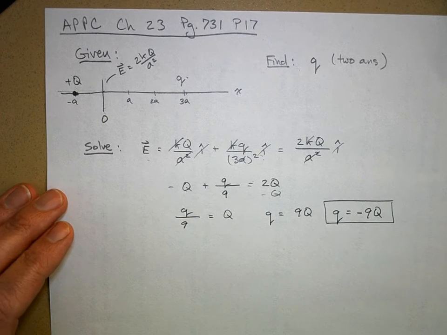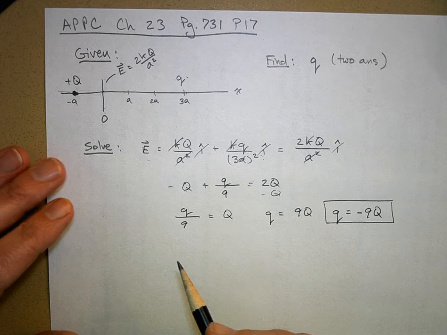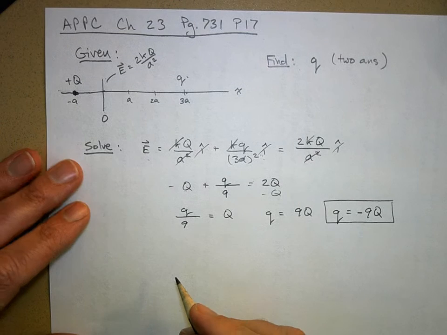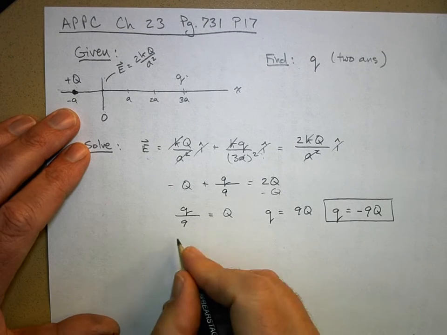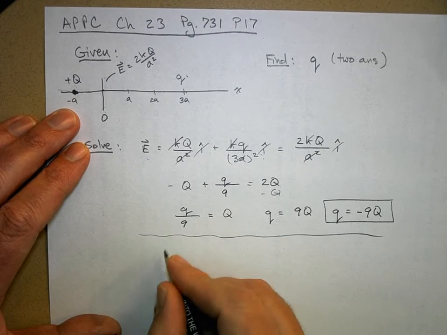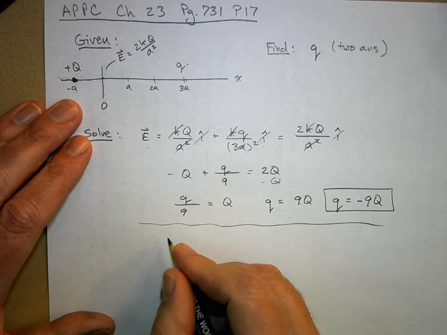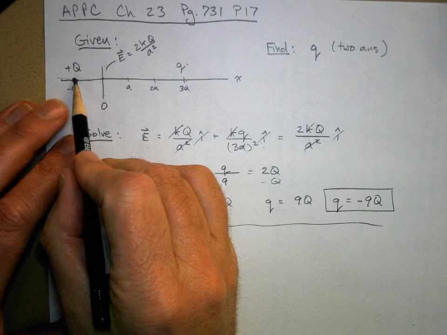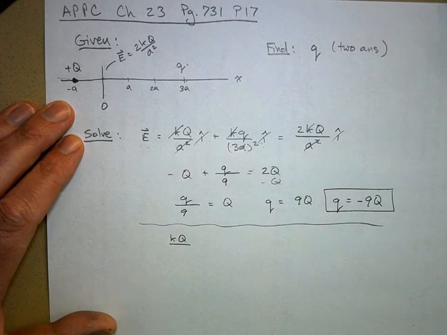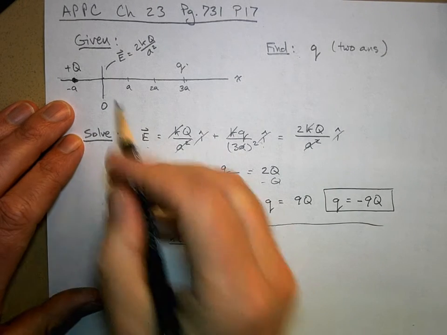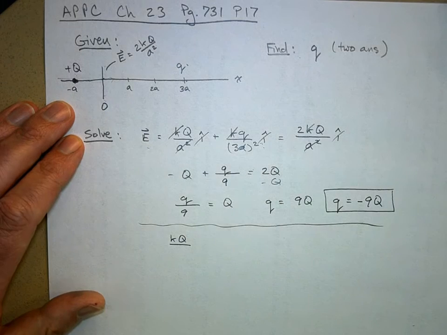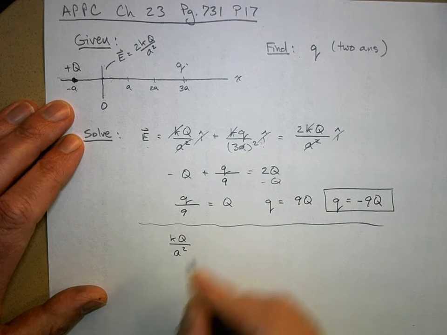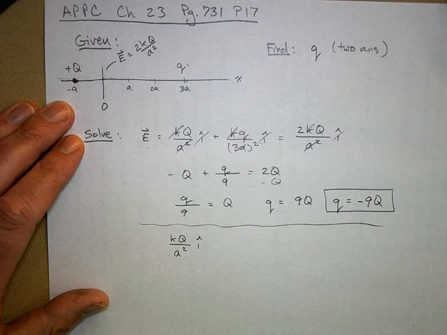Now for the second answer, we're going to set it up the same way, but now we're going to say that it's to the left. So this is going to be the same. This is still going to be kq, oh no, because this is positive q, so no matter what, it's going to be to the right. So this is going to be kq over a squared in the i hat direction.